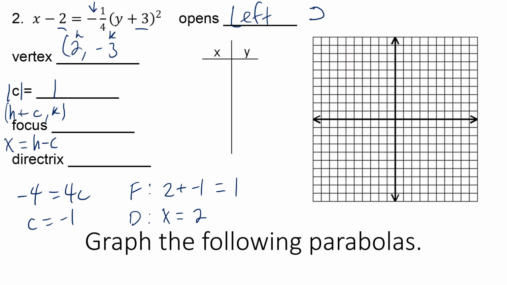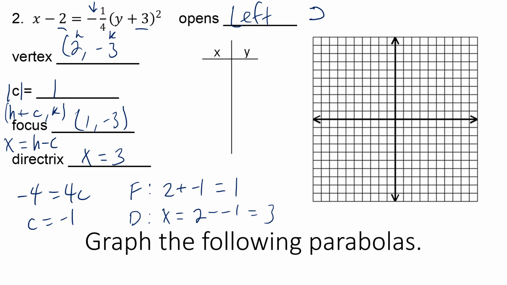So that's going to give us 2 minus -1, which equals 3. So now we can write everything out. We know that our focus is going to be at (1, -3), and our directrix is at x equals 3.